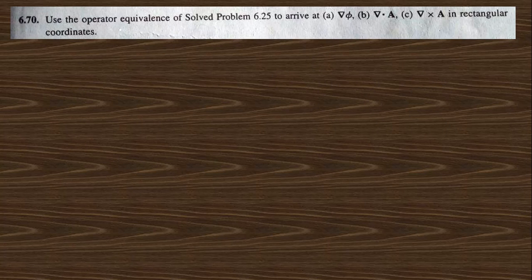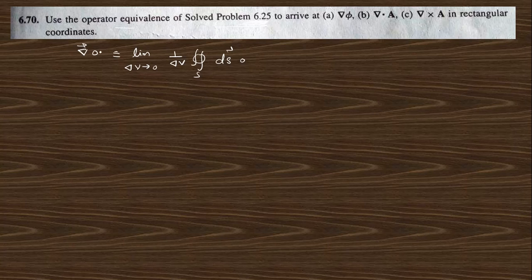Problem 6.70. Use the operator equivalence solved in problem 6.25. In problem 6.25, the del operator is equivalent to the limit delta v tends to 0 of 1 by delta v times the closed surface integration of ds with that operator.